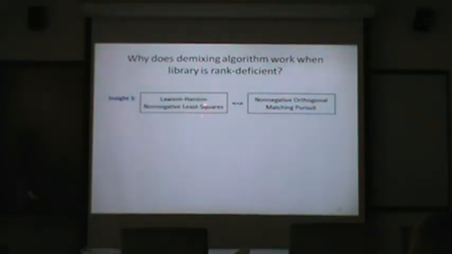Because if you take a look at this code, you realize that this can be interpreted as a non-negative orthogonal matching pursuit algorithm. And those of you that are familiar with the compressed sensing literature will recognize orthogonal matching pursuit as an algorithm that gives you sparse solutions. And this is kind of interesting because this algorithm has been the gold standard for solving non-negative least squares problems.